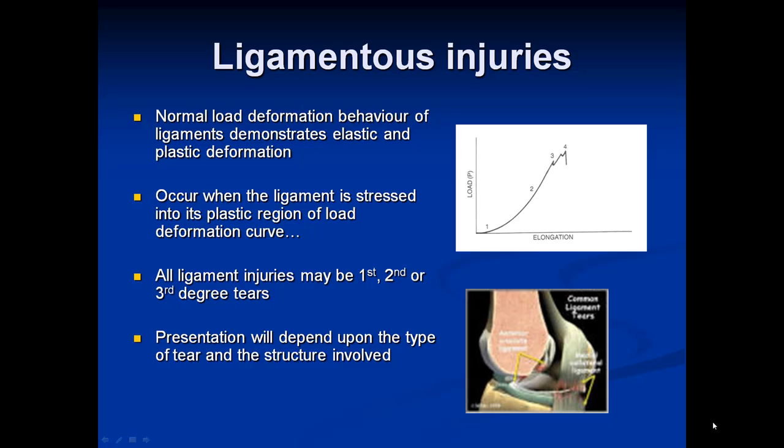As can be seen in the diagram on the right, under normal load deformation there is a certain amount of elastic and plastic deformation, but if the ligament is stressed beyond this region of the plastic deformation curve, then an injury will occur, and this may be a first, second or third degree tear depending on the load and stress involved.